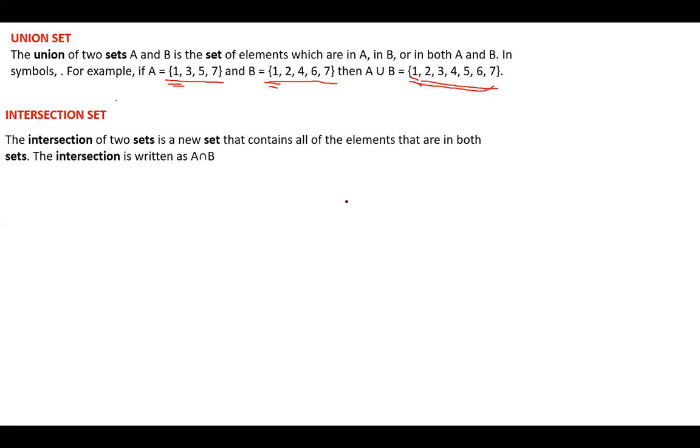And then in definition form, I wrote it to say the intersection of two sets is a new set that contains all of the elements that are in both sets. So in short, we're just talking about common elements here. The symbol for the intersection set is this one here. You can see there.